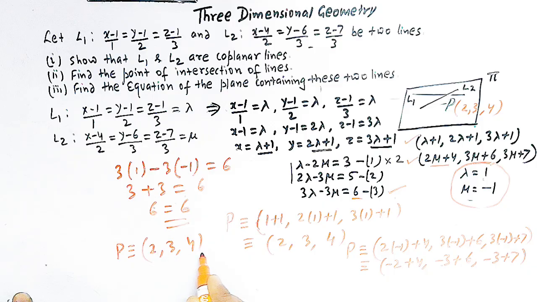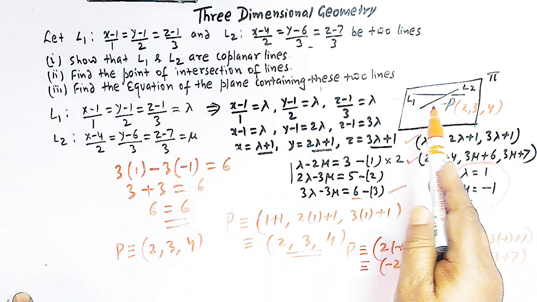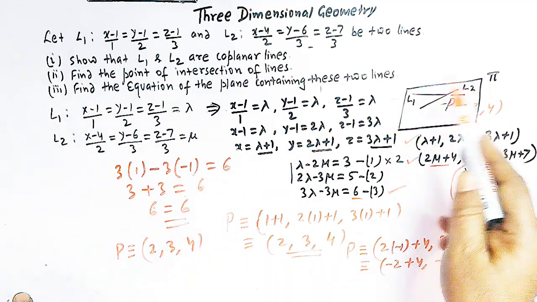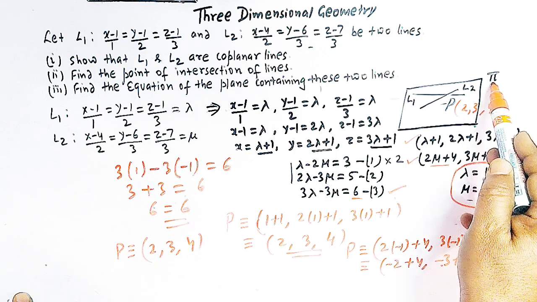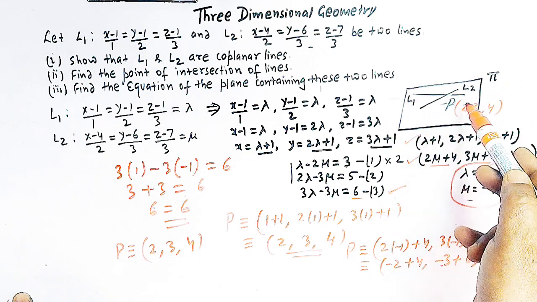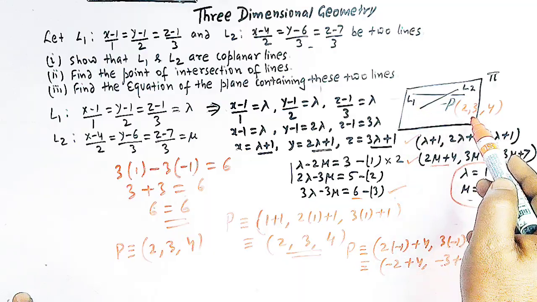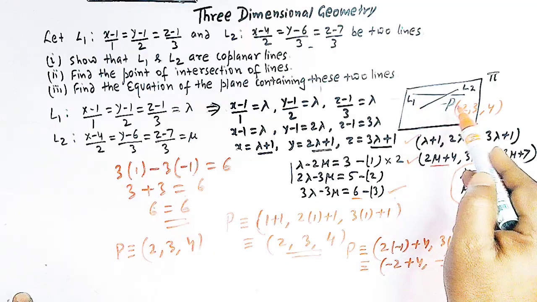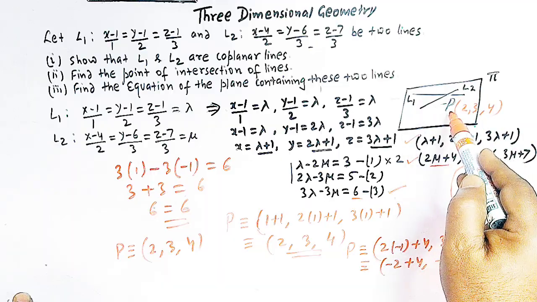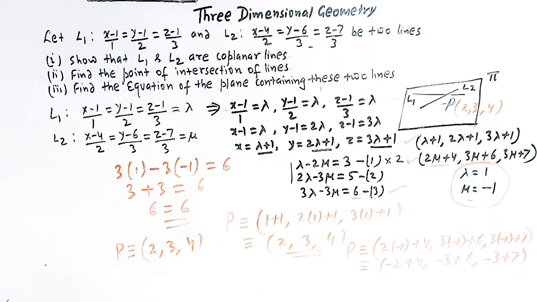So these coordinates are the same as this coordinate, right? This is how we can show that the two lines are contained by this plane pi, or these two lines are on the same plane, and these two lines are intersecting lines, right? And the point of intersection, that is P, has the coordinates 2, 3 and 4.